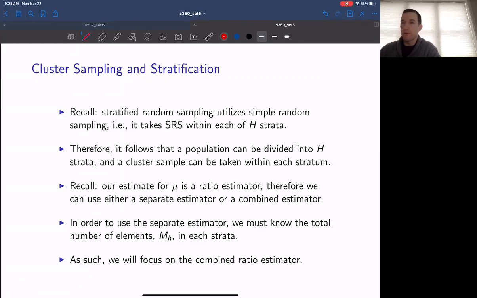In the last example of lecture set 4, we talked about the two different ratio estimation approaches within stratification: the separate estimator or the combined estimator. The separate estimator requires that we have the number of population elements, capital M. So it makes sense that we will focus on the combined ratio estimator, because that does not require us to know how many elements are within each of the strata and within the total population we are working with.